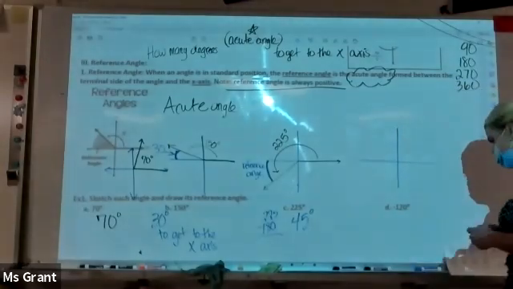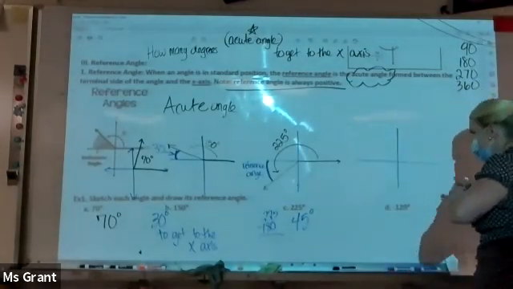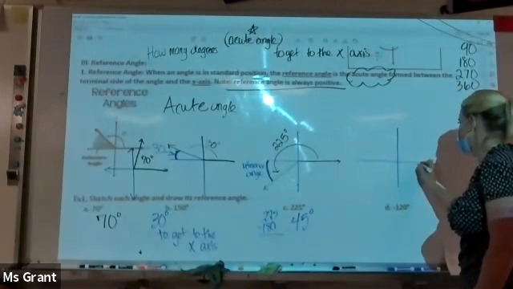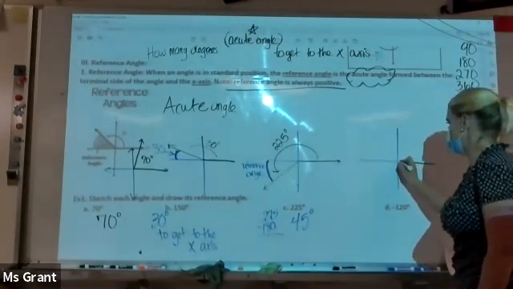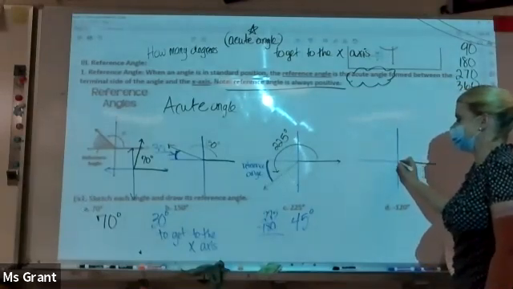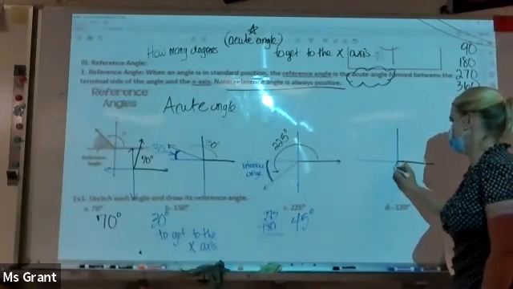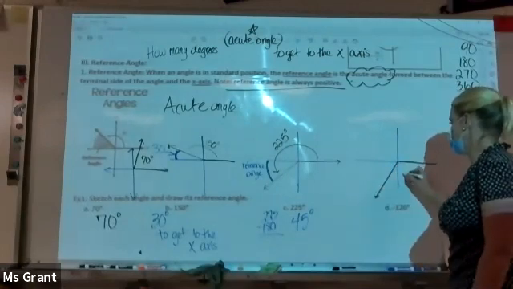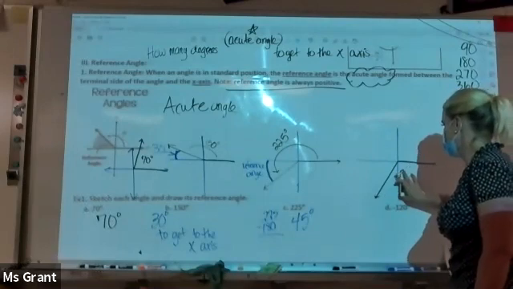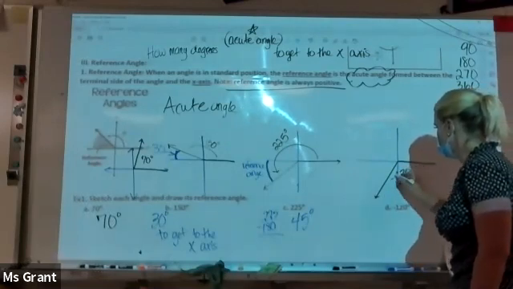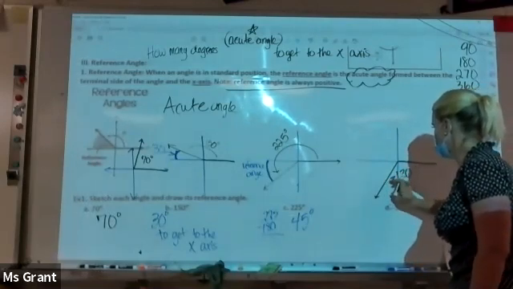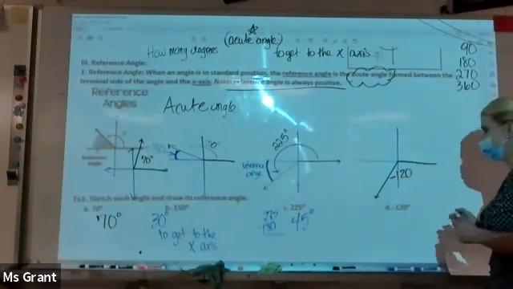Negative 120 goes downward. I don't know, like there. 90 plus 30. There's negative 120 degrees.